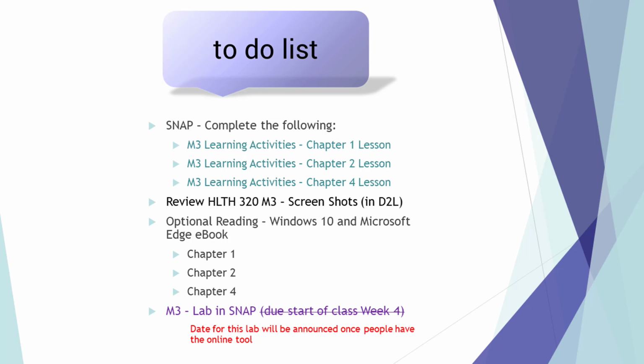As well, there is going to be a lab for this week. The date that that will be due is to be determined. I will be changing it from what it was originally listed as being, just depending on when that tool comes in. I want to make sure I leave you guys sufficient time to both catch up on the previous weeks and to handle this before it becomes due.